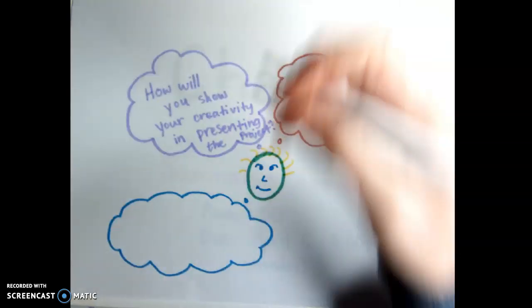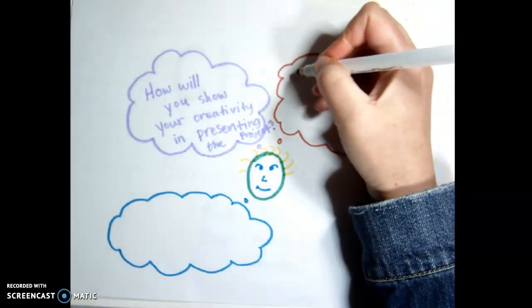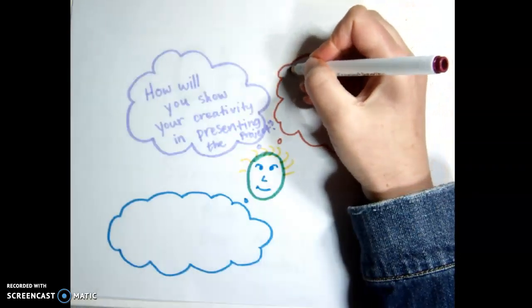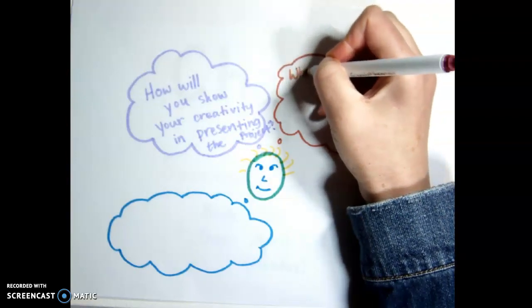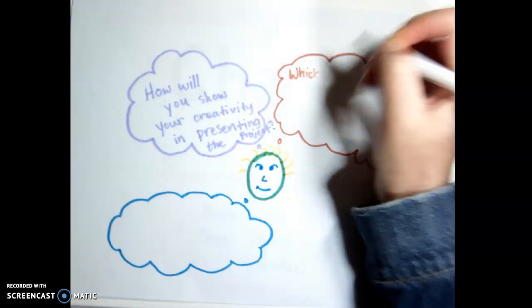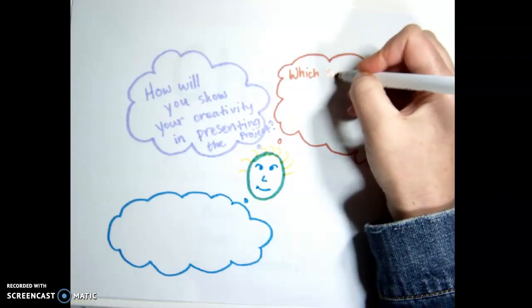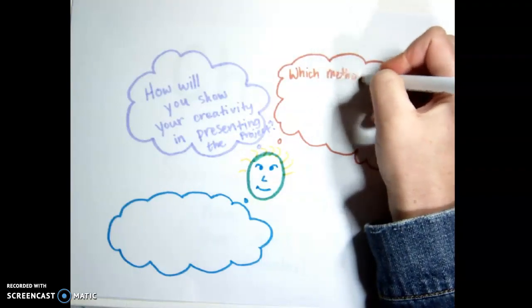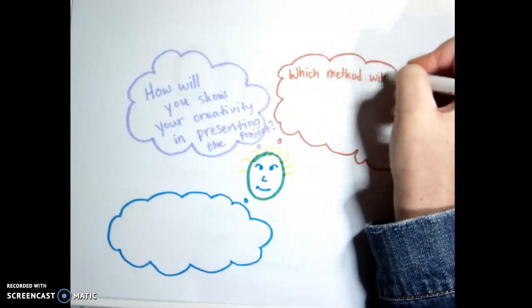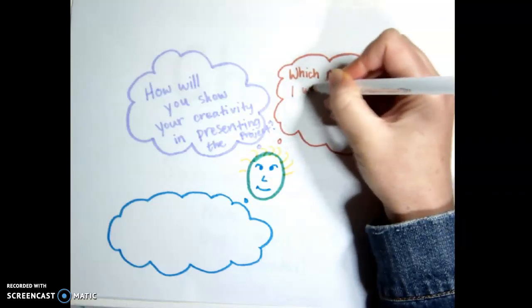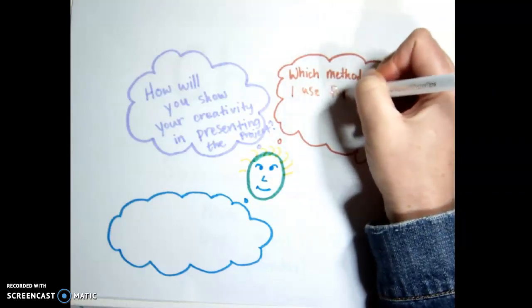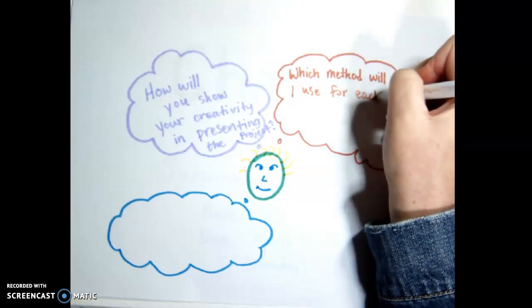The second thing is you will be given 4 equations, and so really I want you to be asking yourself, which method will you use for each of the 4 equations?